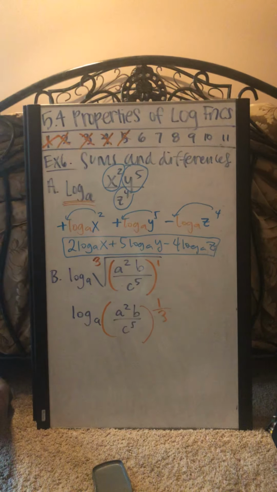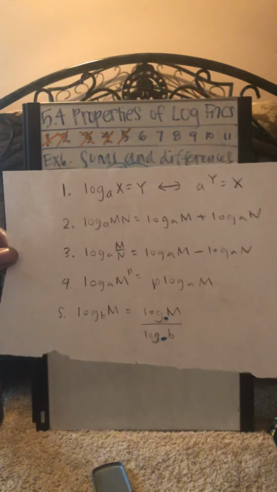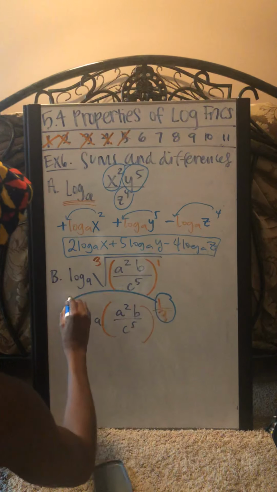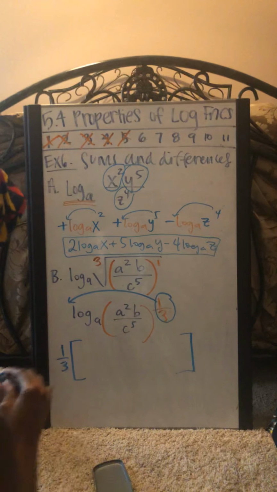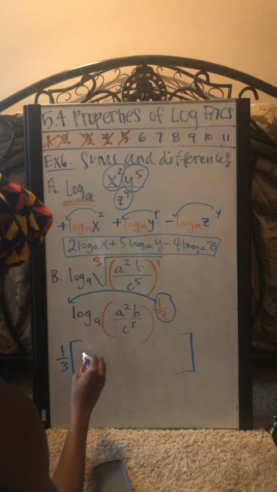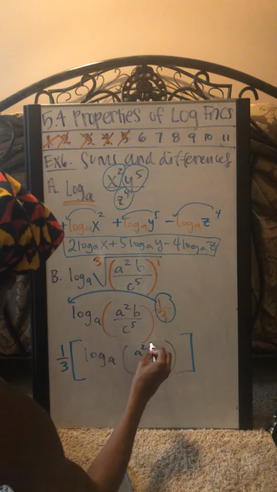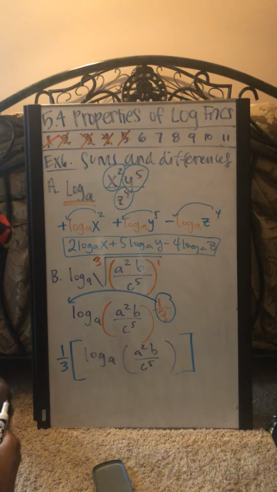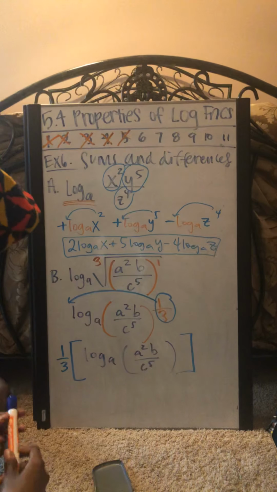Okay, and then using number 4, we can take our power and move it to the front. So I'm going to take this 1/3 and we'll move it to the front. So we have 1/3 times log a of all of this stuff on the inside. Now, the next thing that we're going to do is split this stuff up on the inside because we were asked to write it as sums and differences.